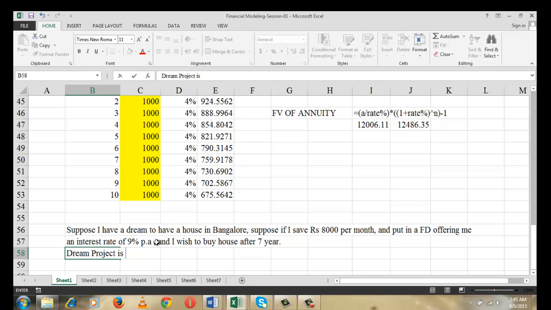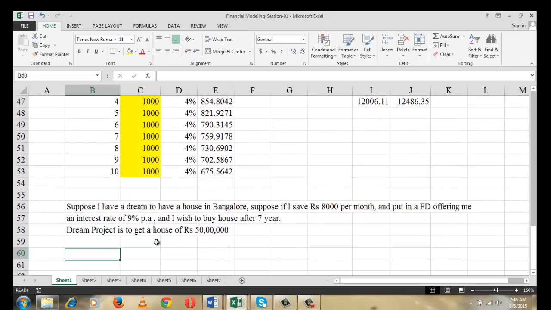My dream project is to get a house of 50 lakh. I think 50 lakh is a good figure. So my dream project is to get a house of 50 lakh rupees. I can find out whether this is possible by saving 8,000 rupees every month.